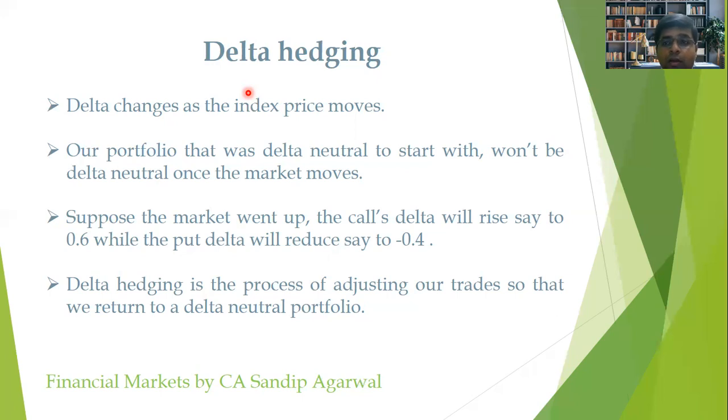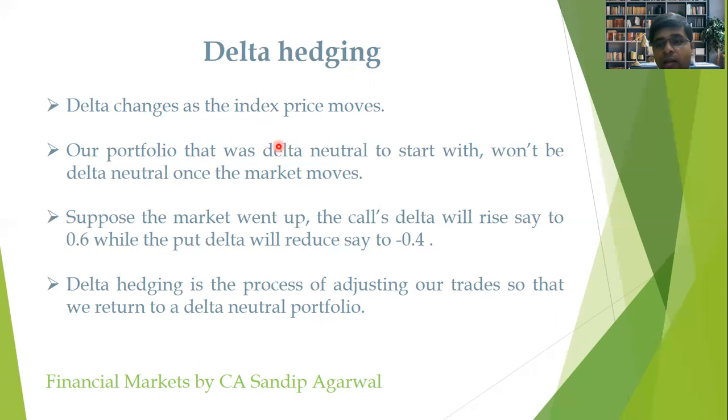So now let's assume the person has a view that the market is not going to move much either upward or downward, or it will move in a very narrow range, say plus minus 1-2%. According to his view, the person sells both an at the money call and an at the money put option.